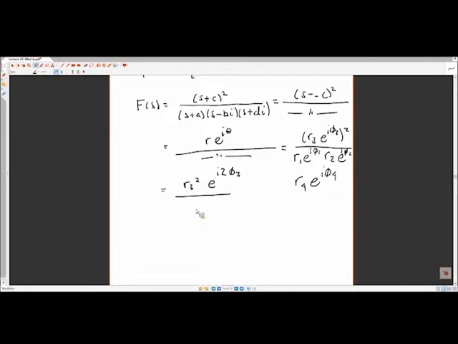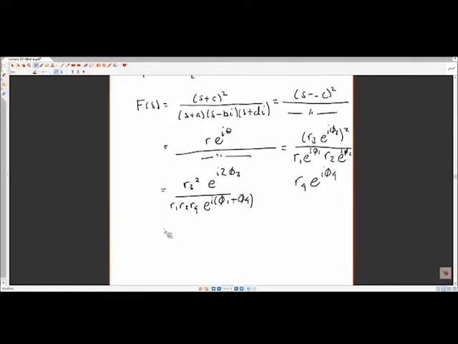Okay, so I combine these all together. In the denominator, we're going to get R1, R2, R4, e to the i phi1 plus phi4. But it's in the denominator, so when I combine these together, in terms of how exponents work, it's going to be the exponent in the numerator minus the exponent in the denominator.